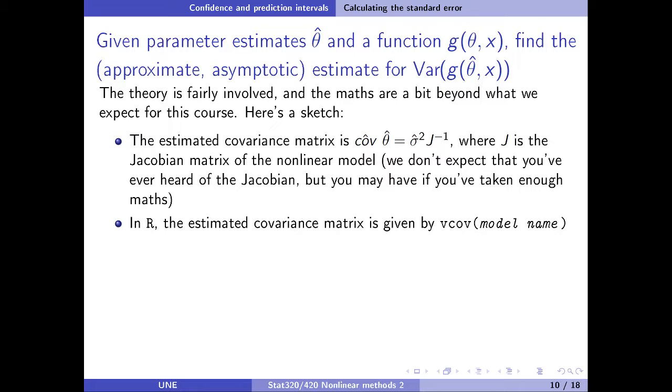The reason we don't have to worry about this is that in R we have the covariance matrix nicely implemented, and we simply use vcov and then our model name. So if our model was called model1, it'd be vcov(model1). And that'll give us the covariance matrix. So we're going to need this component, but R gives us that for free.